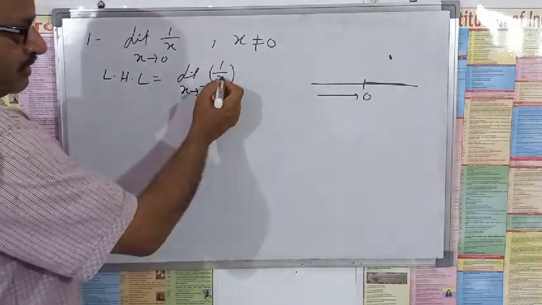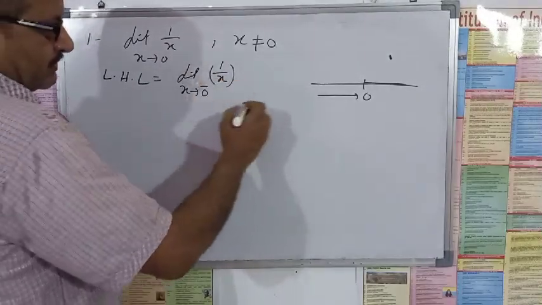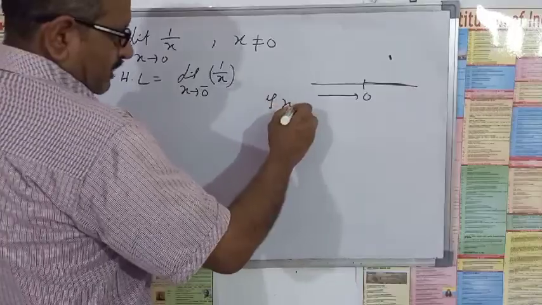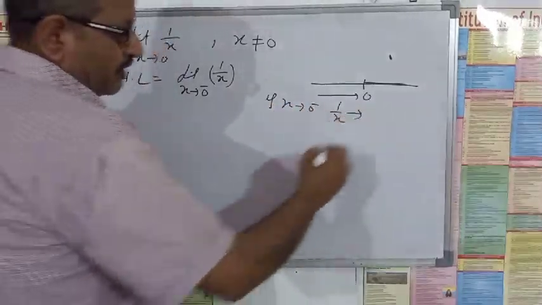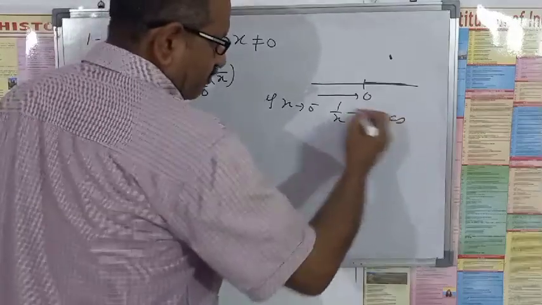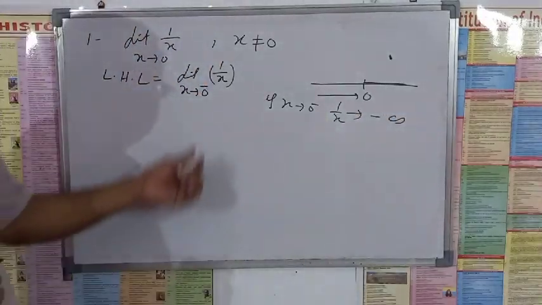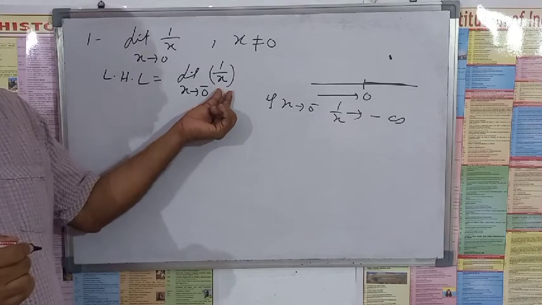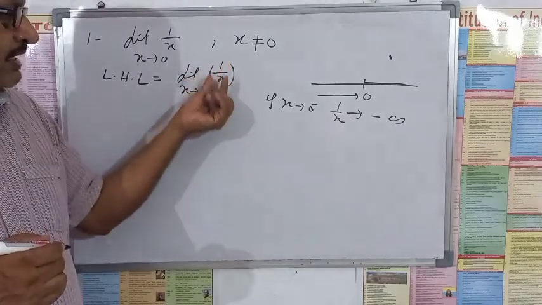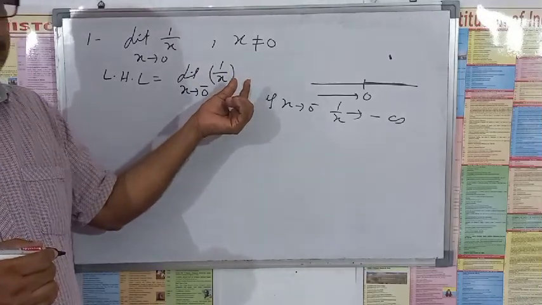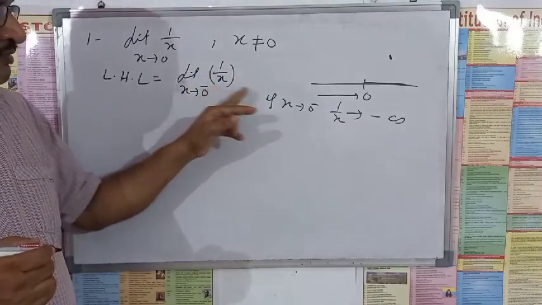So if x is small, what will 1 by x be? If x tends to 0 minus, what will 1 by x be? 1 by x tends to minus infinity. If the denominator becomes smaller and smaller, then 1 by x becomes larger and larger, but it is negative, so it will be minus infinity.